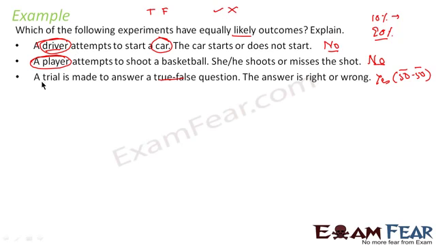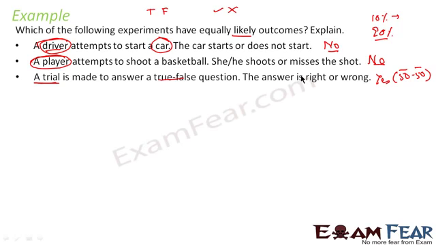And please note, a trial is made here. If a student answers a true or false question, what is the probability that the answer is right or wrong? Is it an equal probability event? In that case we can say no, because if the student is the topper, the chances that he will give the correct answer are more.